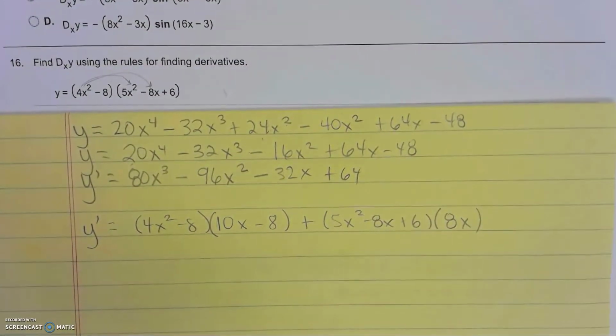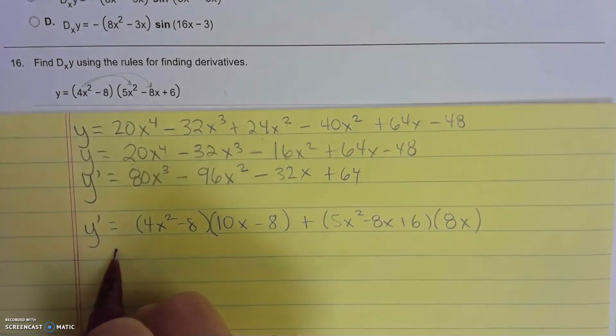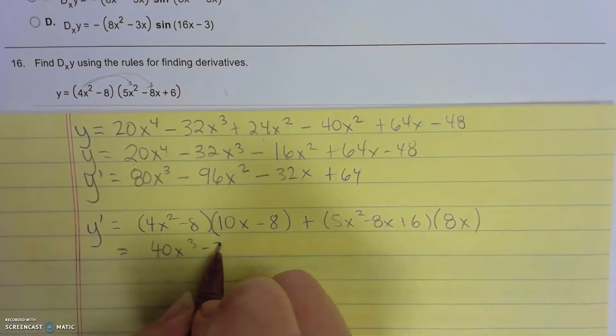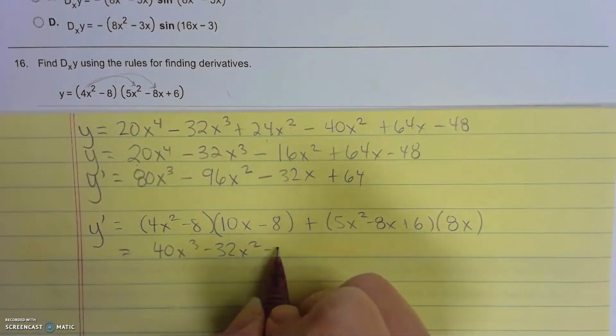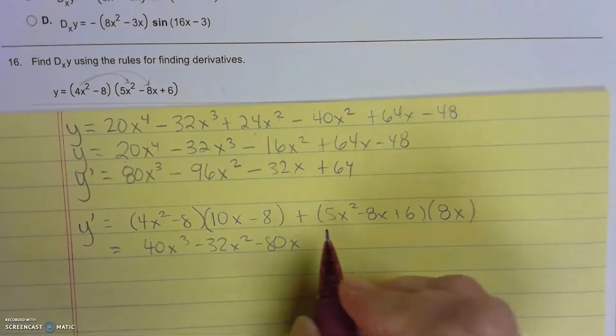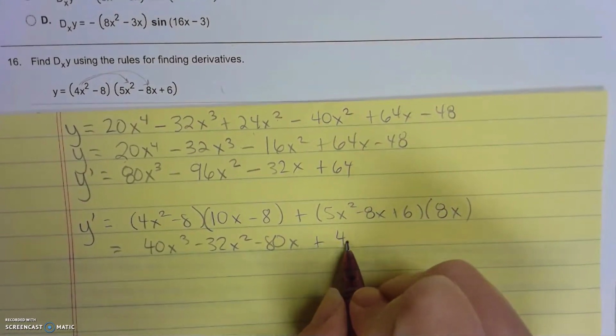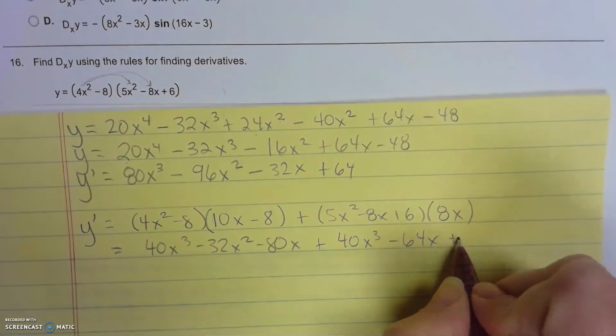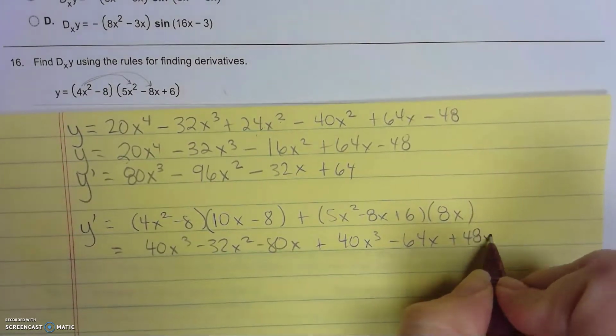Then from there you still have to do a product, you still have to multiply here, so we'll have 40x cubed minus 32x squared minus 80x plus 40x cubed minus 64x plus 48x.